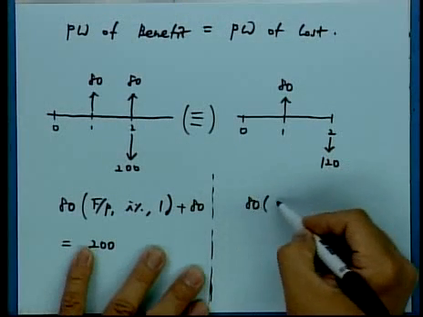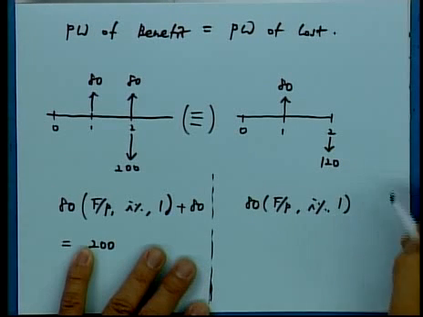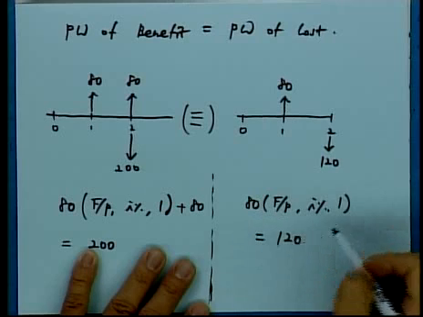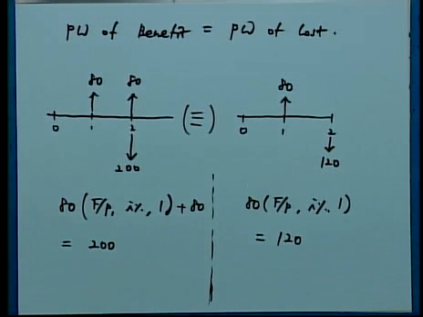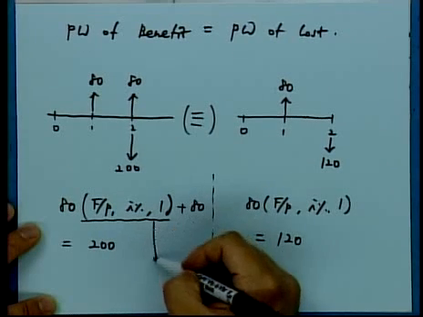So 80 times F given P I% over 1 period is equal to 120. So in that case, what is this?